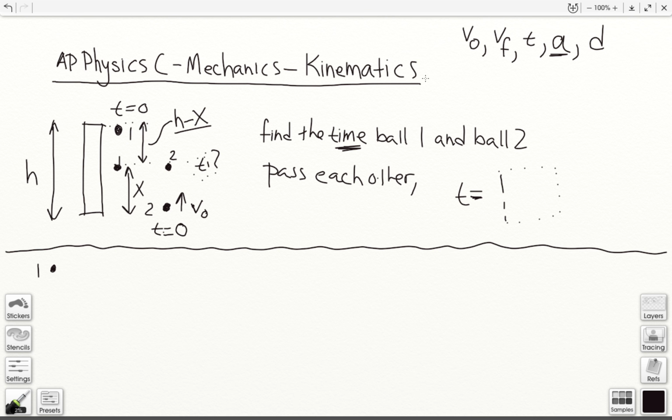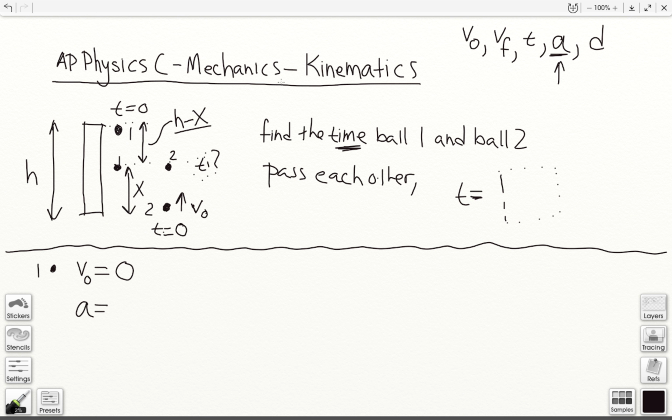Now again, in these types of problems, our acceleration is constant. For ball 1, we know it's dropped from rest, so my initial velocity is 0. I don't know anything about my final velocity, and time is what we're trying to find. Here the ball's dropping, so it's in free fall.